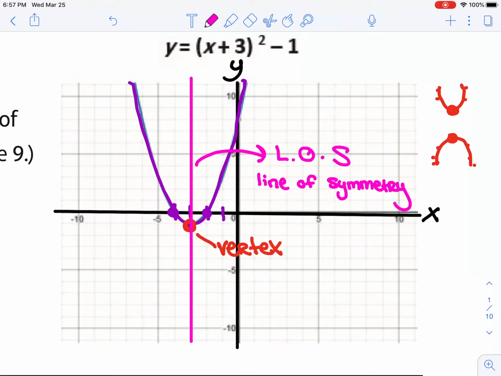Sometimes the book gets really fancy and they call it an AOS, where the A stands for axis of symmetry. They mean the same thing. Those words are just synonyms.